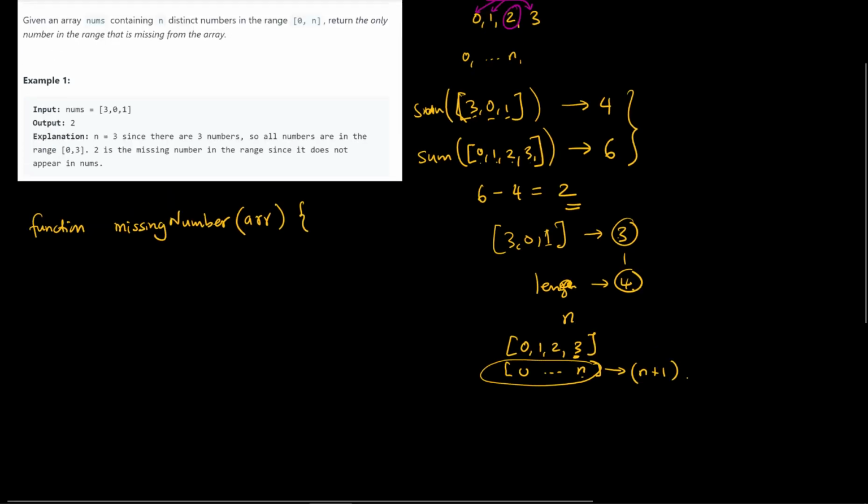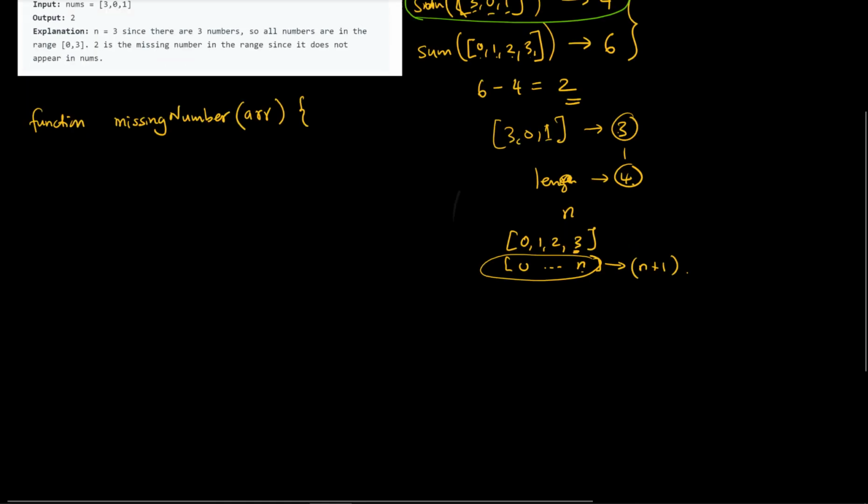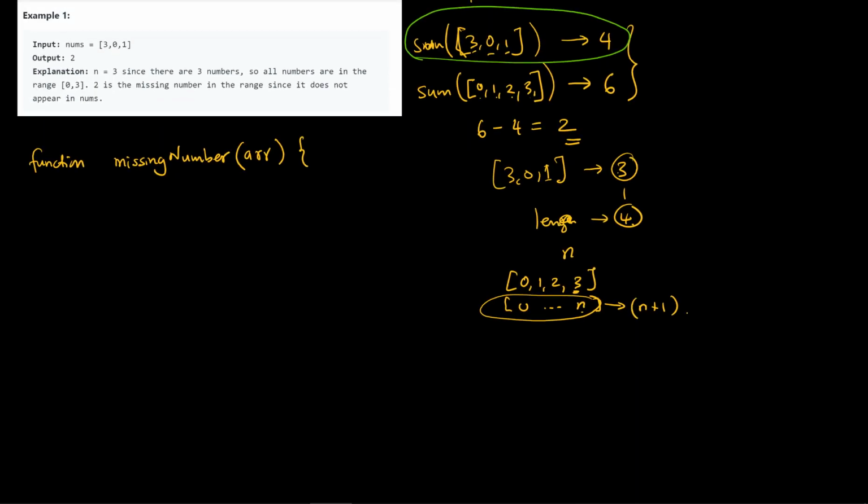So let's do the sum for this, and we're going to do it progressively. Let's do the long way, and then we can simplify, refactor that code. So the long way will be to sum up all this. So let's do the sum for that array. Let's call it sum1.